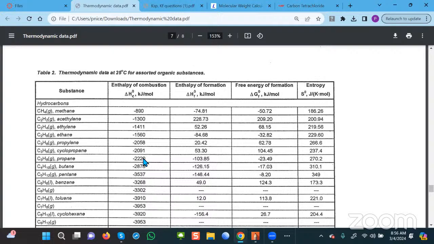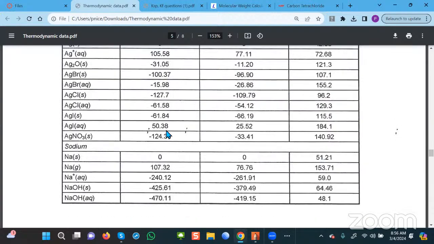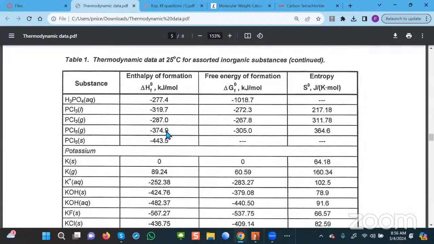According to this, the entropy of that is 270.2 joules per mole Kelvin. And in the case of graphite, which is carbon, which I think is back up here somewhere, it's 5.7.